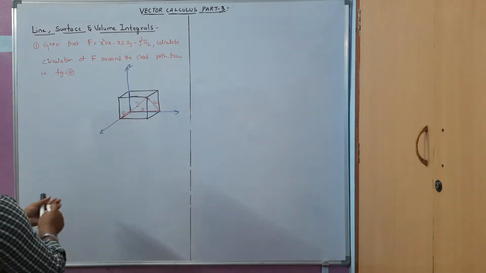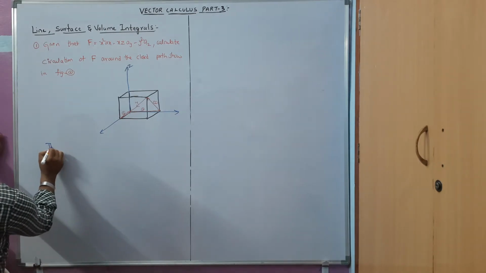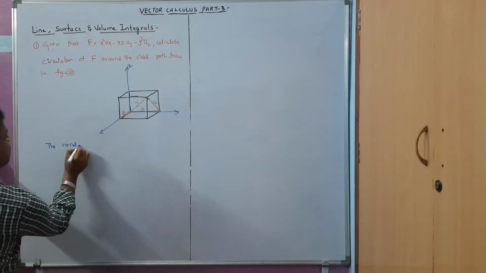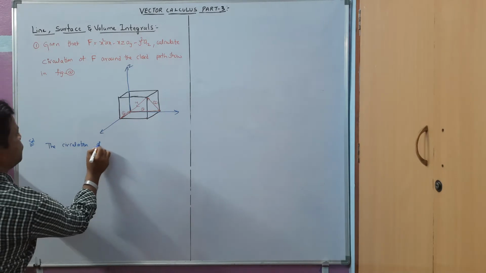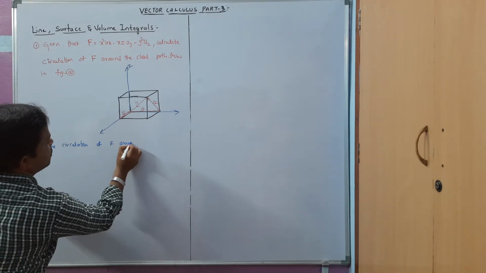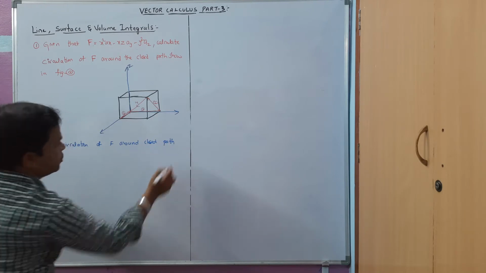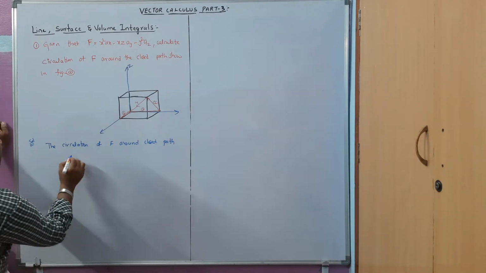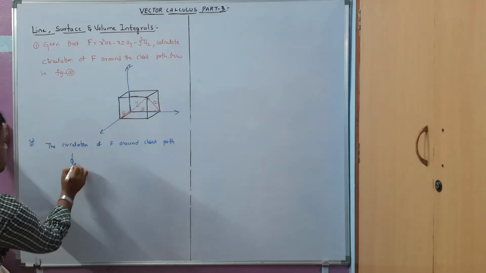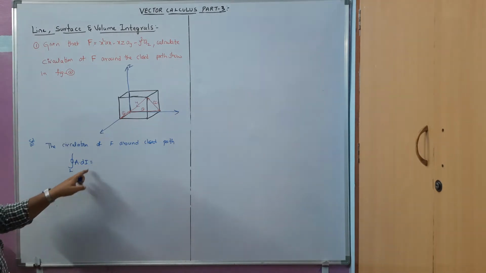So the vector has been given. Let me write the vector here. So the circulation of F around the closed path, solution here. Now we have to use the closed contour integral, that is closed line integral A dot dl. And this closed line integral we can't directly apply here.